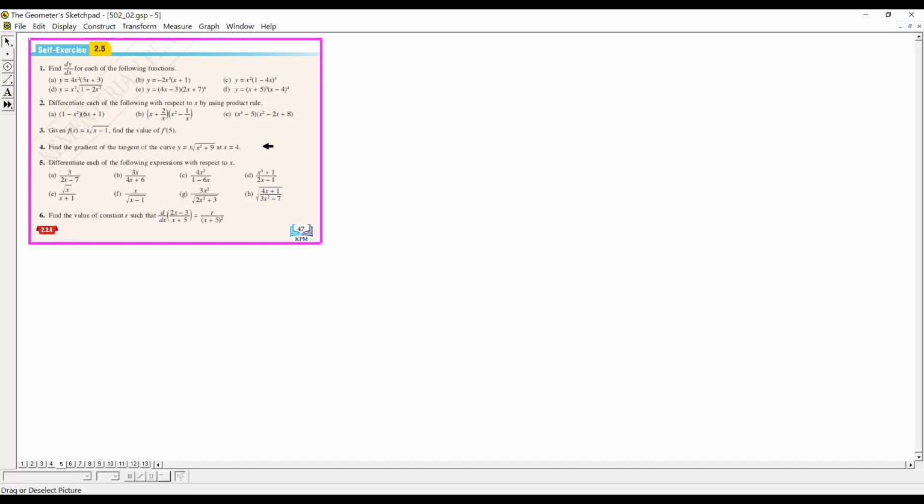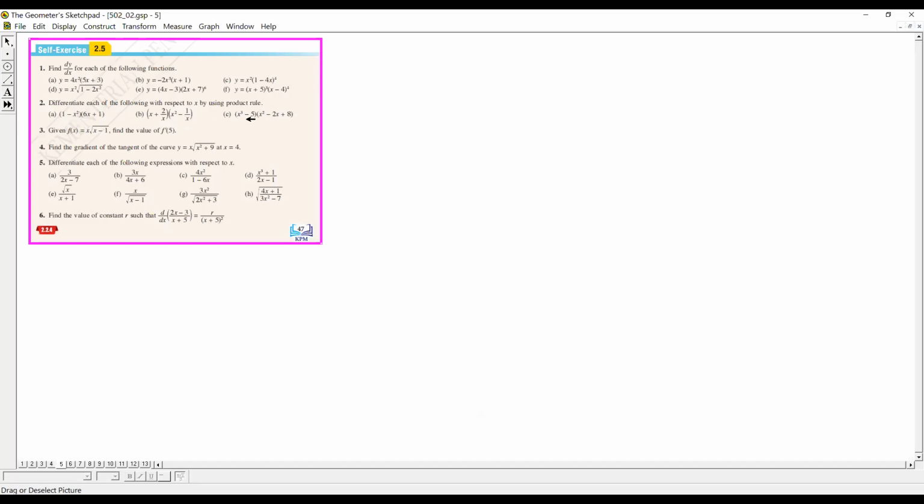Next one, question number 2. Question number 2, you can actually expand and differentiate, or you want to use product rule, it's up to you. Question B also you can use product rule or expand and differentiate.